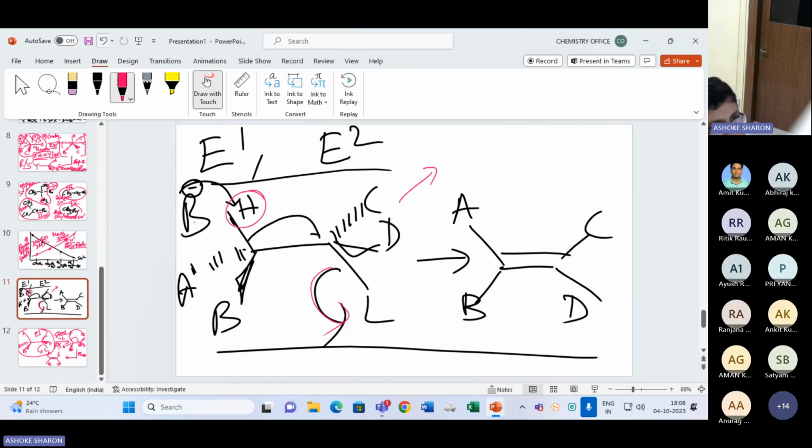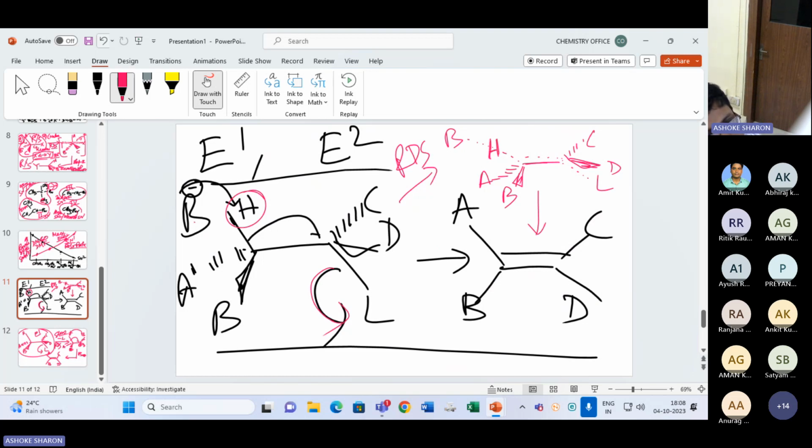You will get it like this. The leaving group is removed and the remaining stays the same. C is there, D is there, A is there, and B is also there. So this is the RDS. Then you get the product.